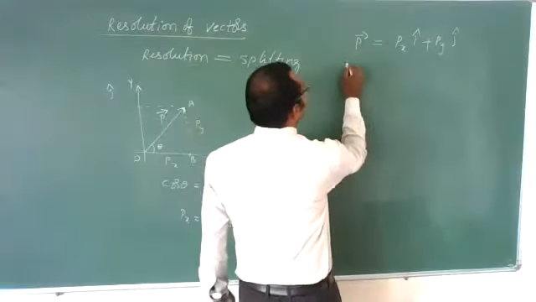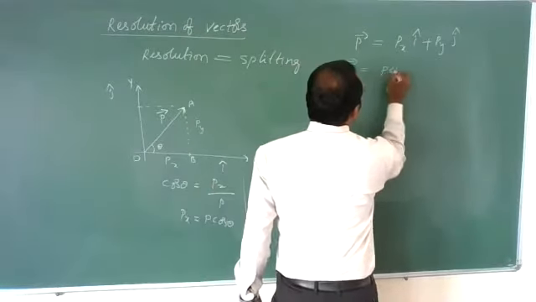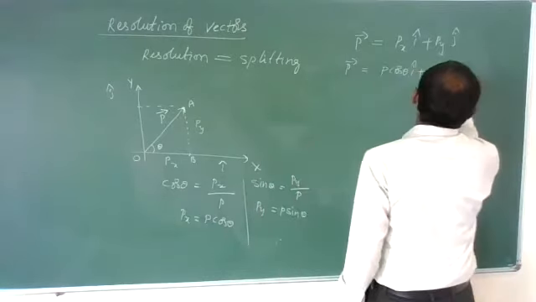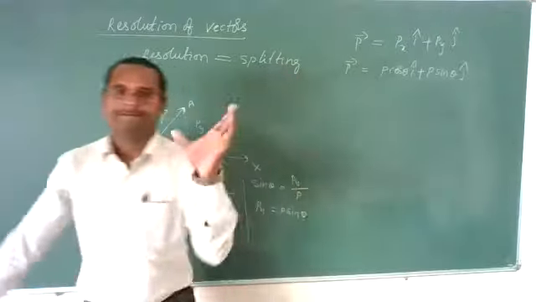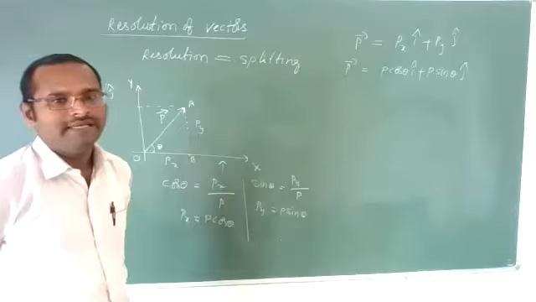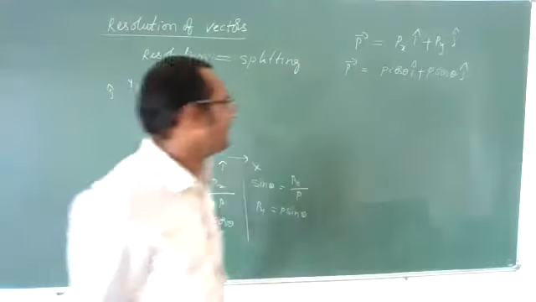Finish. So it can be written as P cos theta I cap plus P sin theta j cap. Okay, result directly. No need to write this every time, first time I am writing. Yes, sir. Understood very perfectly.